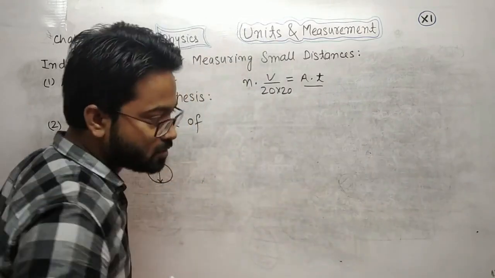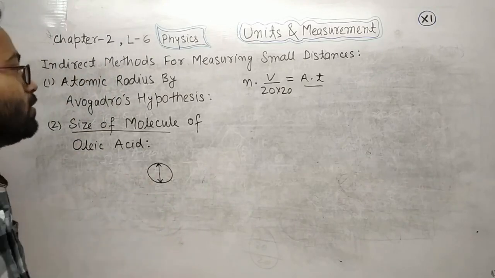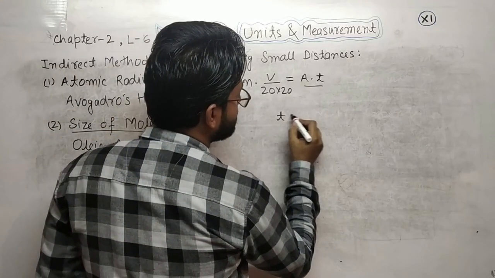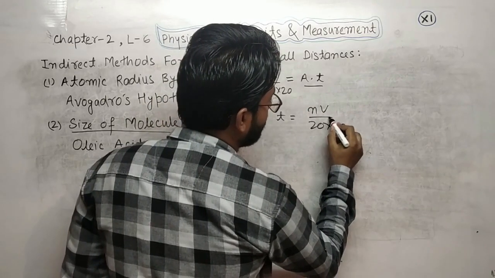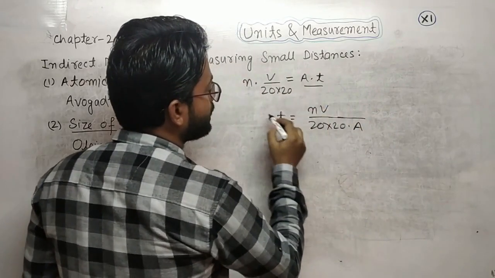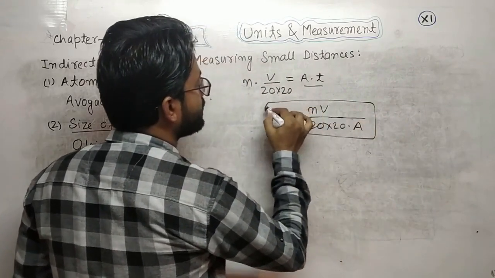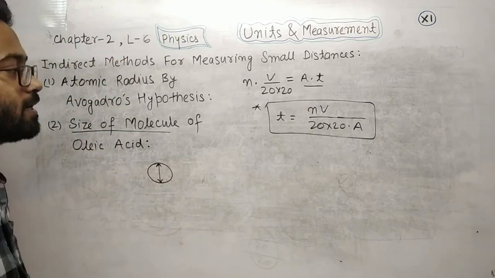That means the thickness, which is equal to the diameter of the molecule, will be NV upon 20 into 20 upon area. This is the method to calculate the size of the molecule of oleic acid.